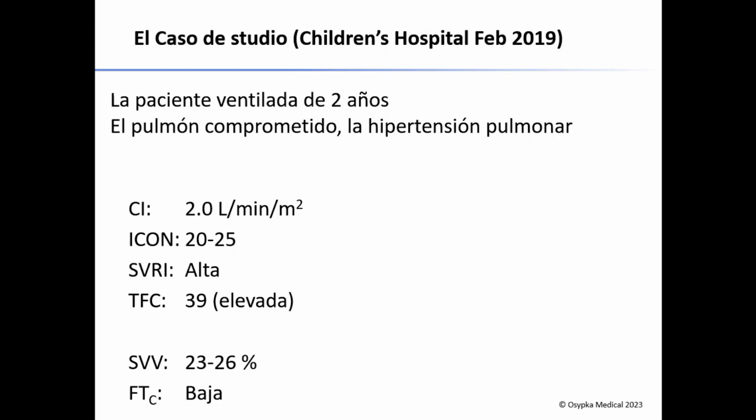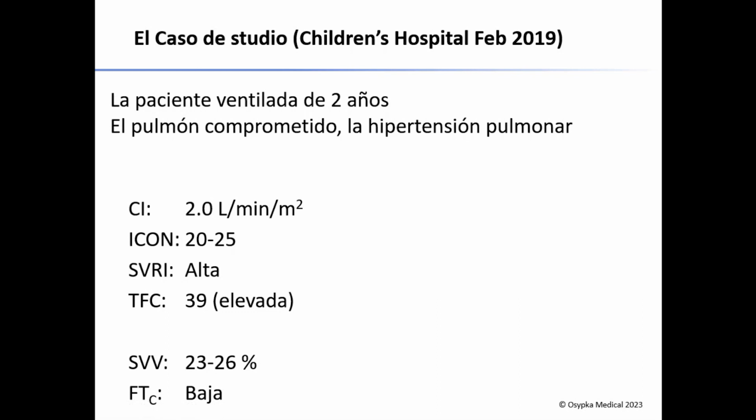Initially, she had a cardiac index of 2 liters per minute per meter squared, and a very low index of contractility for a child, 20 to 25. The systemic vascular resistance was high, and the TFC, thoracic fluid content, was slightly elevated, but not super high. Stroke volume variation was measured at 23 to 26%, very high, and corrected flow time was low.